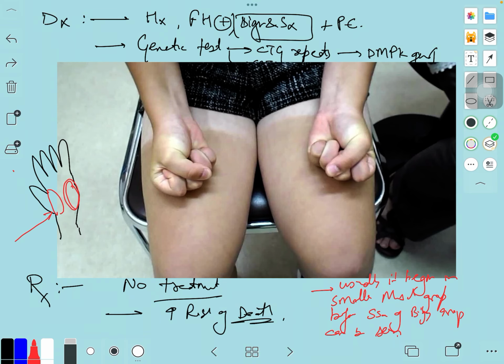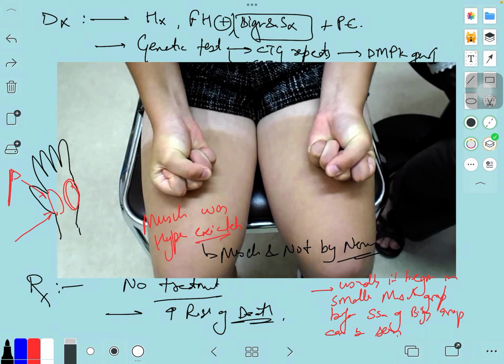Let's say we have an instrument, and we tap onto that, and because of this tapping, the muscle was hyperexcitable, and this hyperexcitability was due to the muscle and not by the nerve. Important concept over here again.